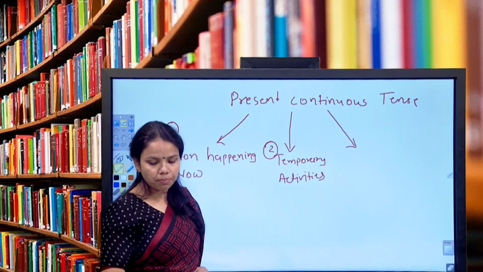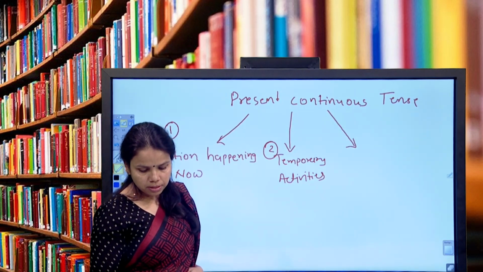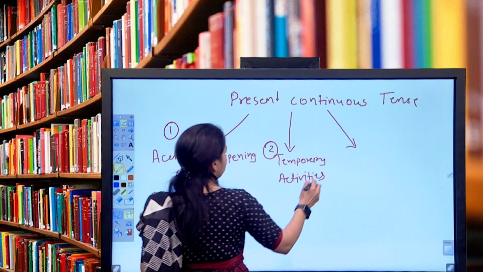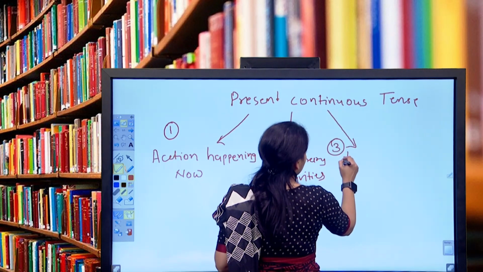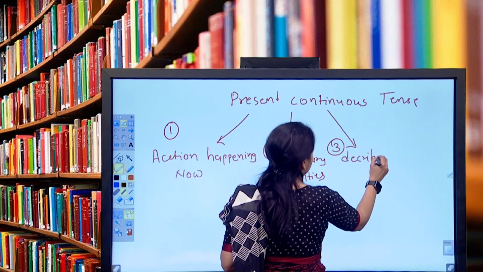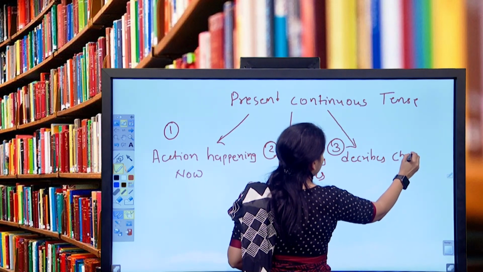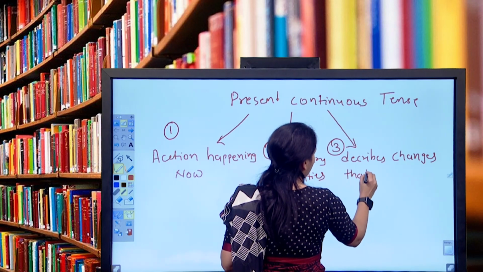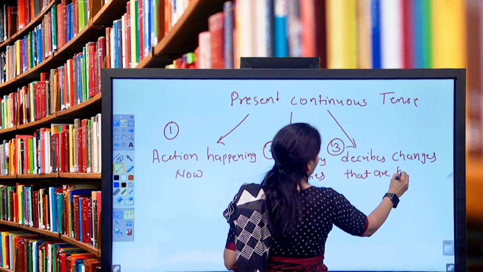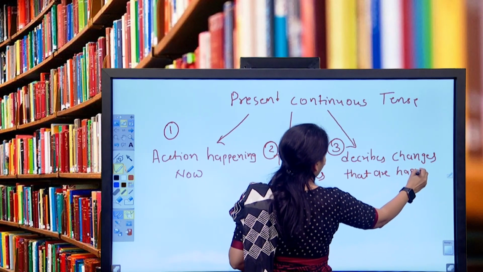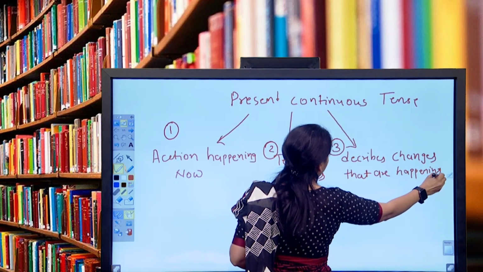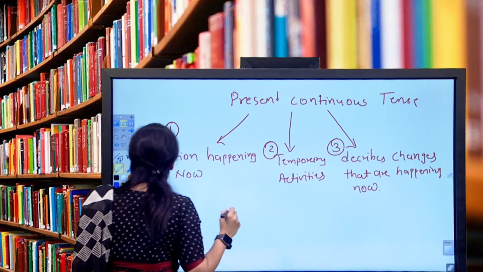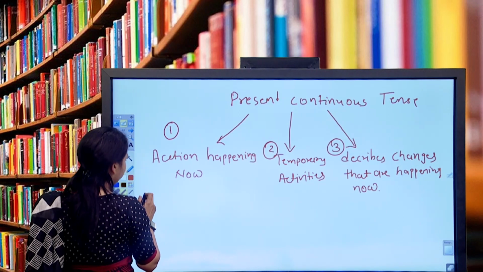The third use of present continuous tense is describe changes that are happening now. I give you example also, so you will have a clarification of all this thing.